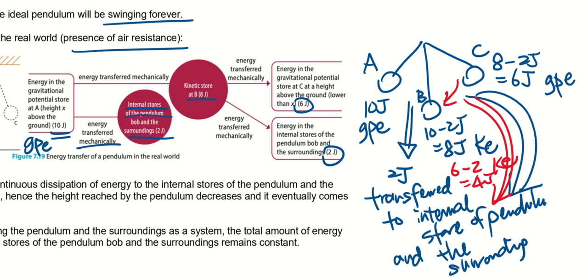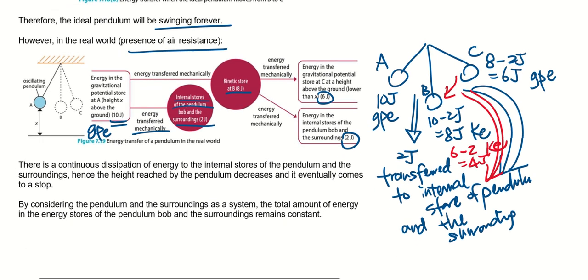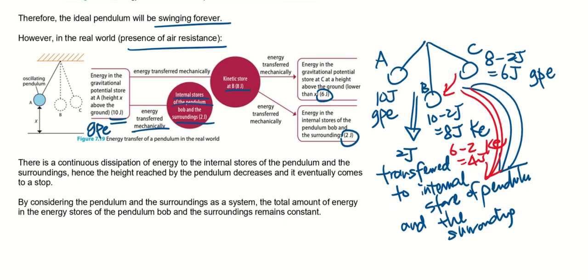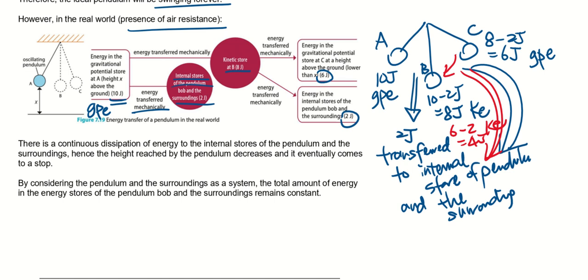So you'll find that the energy will actually be transferred to the surrounding and also to the internal store of the pendulum. As a result, the energy being transferred to the kinetic store or the gravitational potential store will get lesser and lesser, and eventually this real life pendulum will come to a stop.